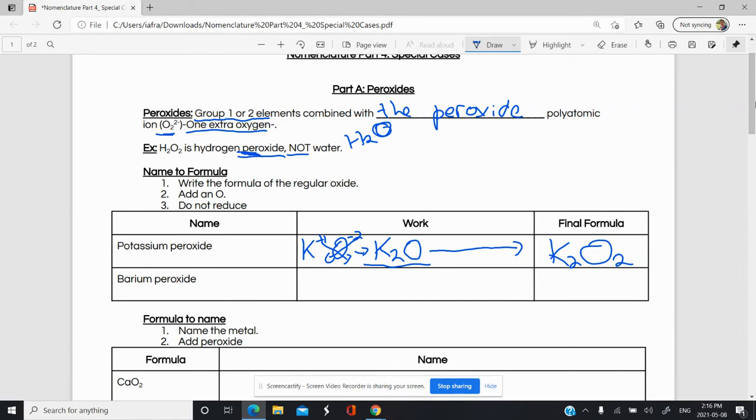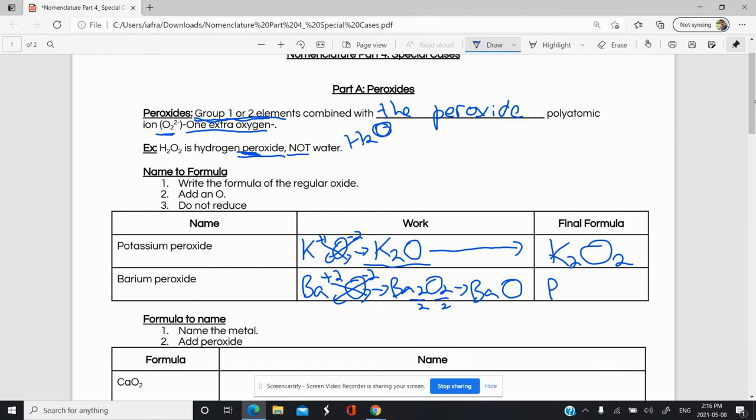Let's do the same thing for barium peroxide. So again, it's a group 1 or group 2 element combined with peroxide. So we'll do Ba plus 2 for barium, O minus 2 for oxygen, crisscross. You get Ba2O2, reduce, and you get BaO. So now you can add your extra oxygen.